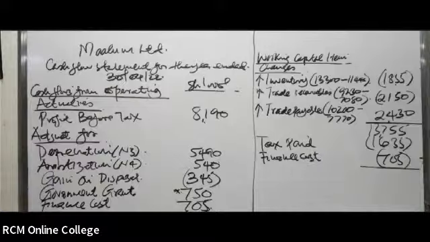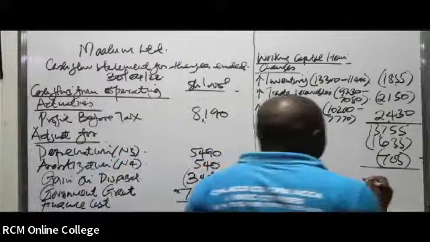So this one is 13,755. Then we minus 1635, then we minus 705. So you get 11,415.